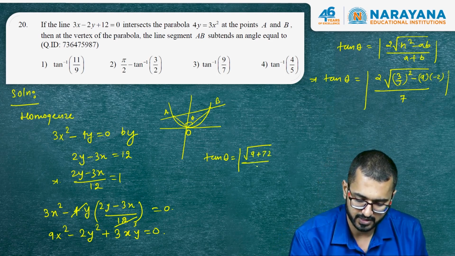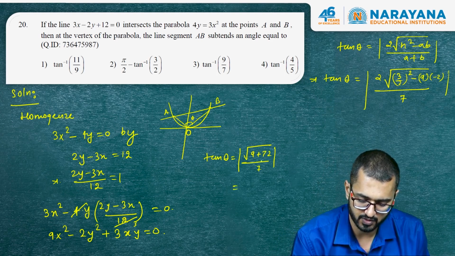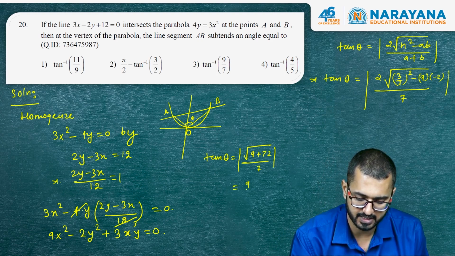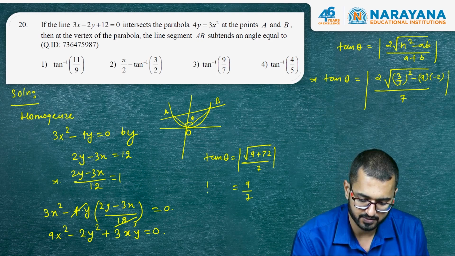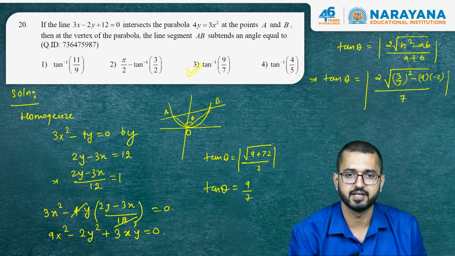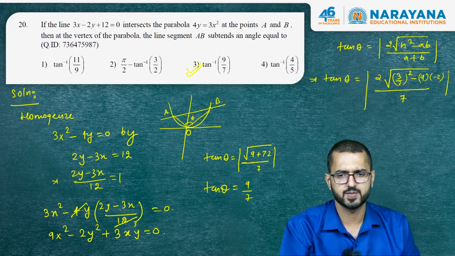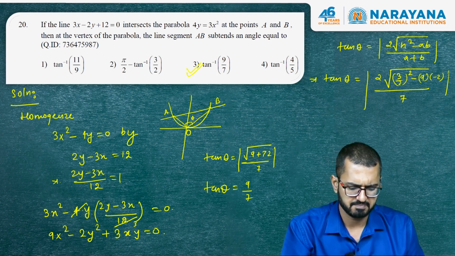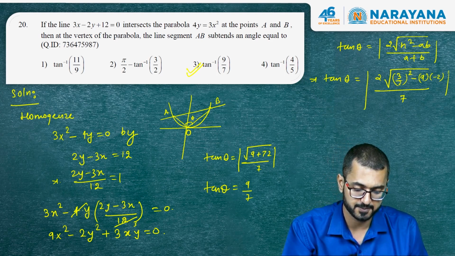So 72 by 7. This will give me what? Root of 81, which is 9 over 7. So tan theta is equal to 9 over 7. That makes your answer 3 correct. So by homogenization we have solved this question in a nice manner, in fact.